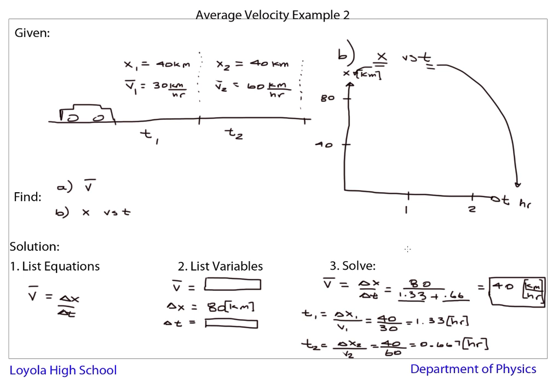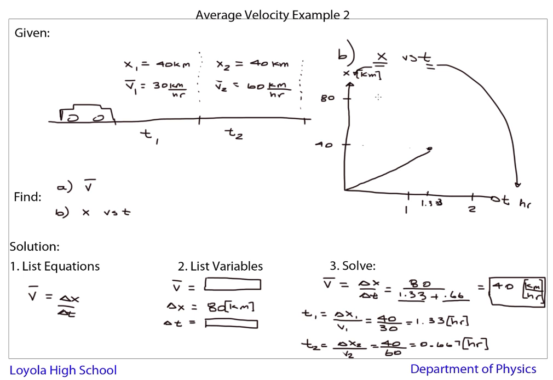So how do we graph this? Well, let's see. It takes me 1 1/3 hours. So the 1 1/3, 1.33, I'll say is over here somewhere. So I'm going to draw this line in here. It takes me 1.33 hours to travel the 40 kilometers.